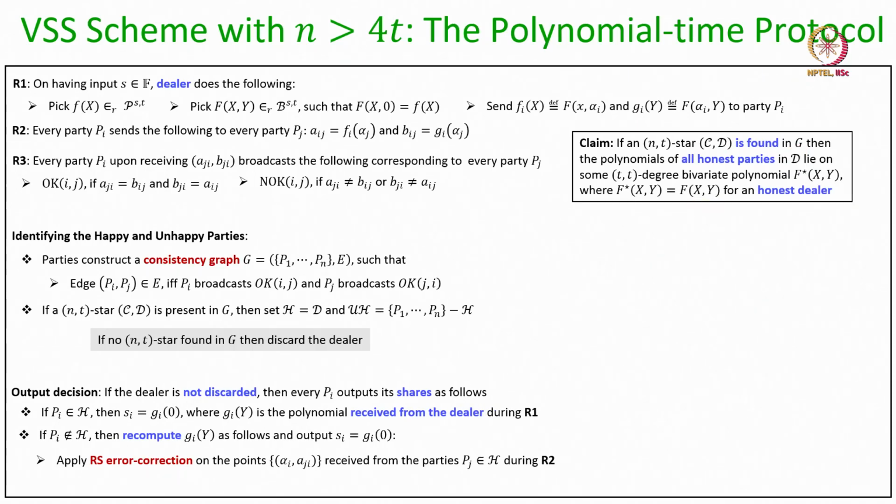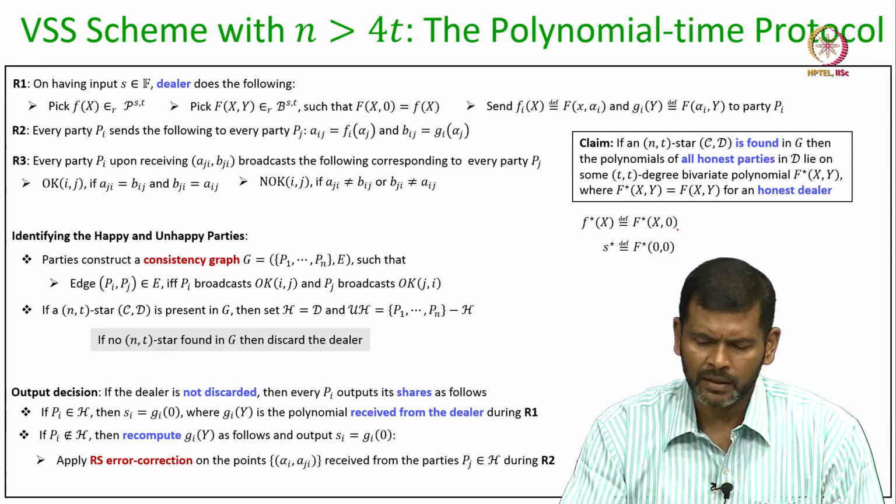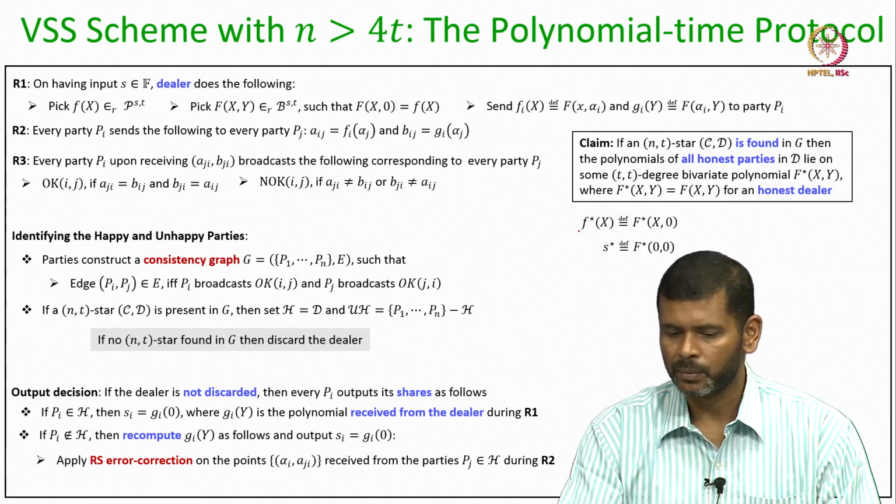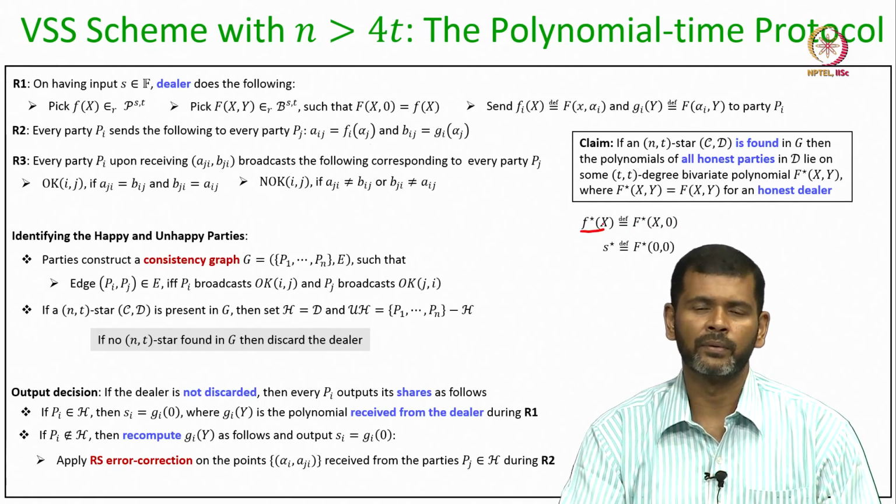So, that is the main claim which we have proved, and now we can prove the correctness and the strong commitment property very easily for the modified protocol. So, let us call the bivariate polynomial f star evaluated at y equal to 0 to be the f star polynomial. It is going to be a t degree univariate polynomial in x.